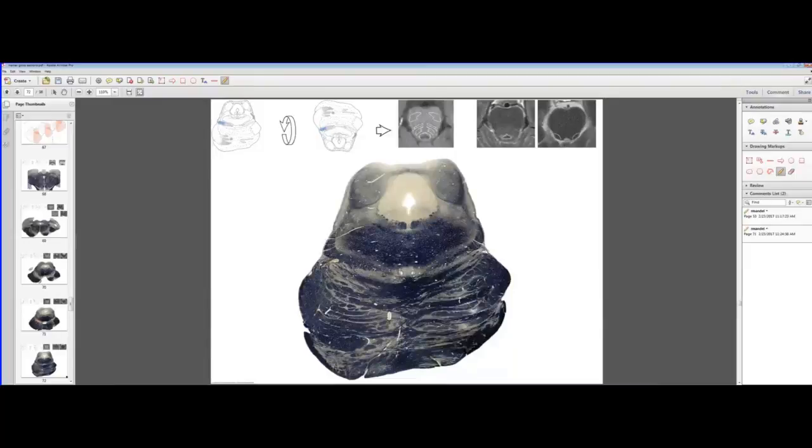Okay, so there's a nucleus, a bunch of cells that are right here. Do you know what that is? The mesencephalic nucleus of the trigeminal. Yes. So do you know what this bump here and here is?